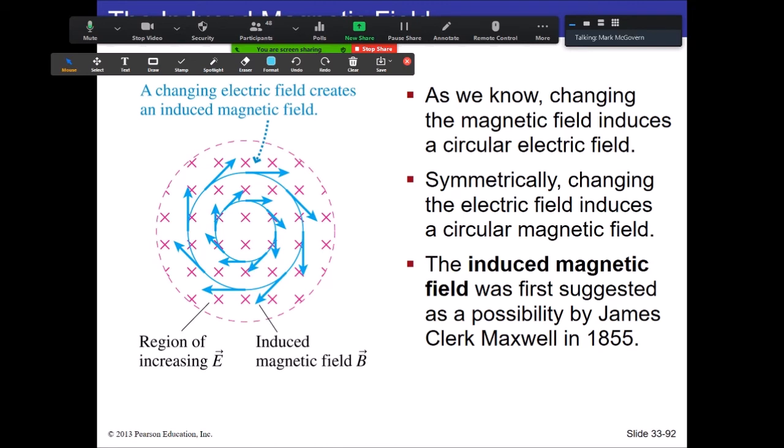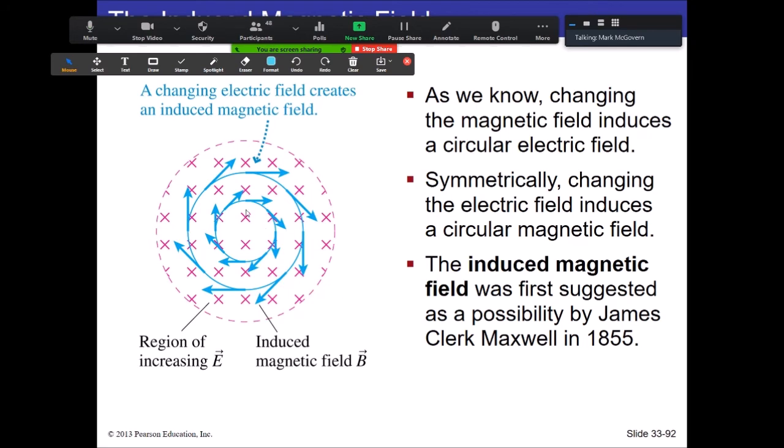For example, say we have capacitor plates, and we start to increase the voltage on the capacitor plates. Well, that will change the electric field on the inside. So if you gradually increase the voltage of the capacitor plates, you're increasing the electric field in the region between them, and guess what happens? You have an induced magnetic field that is also circular. The same things apply there.